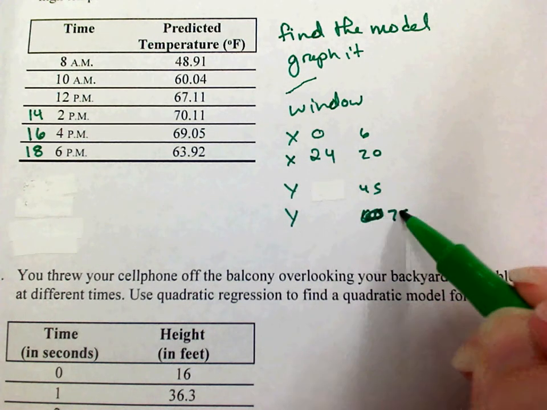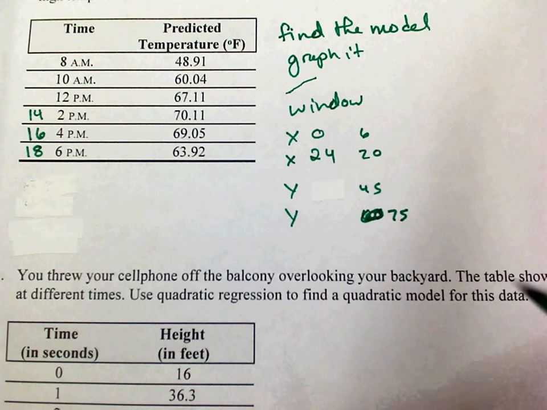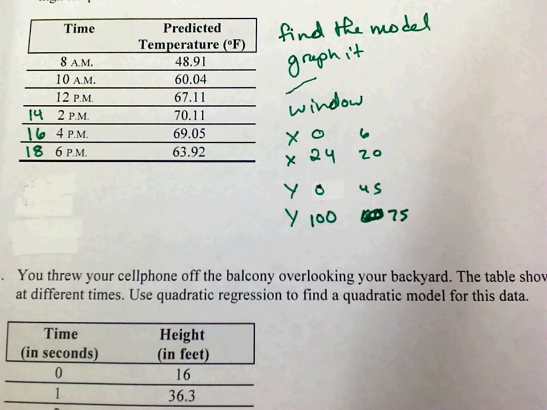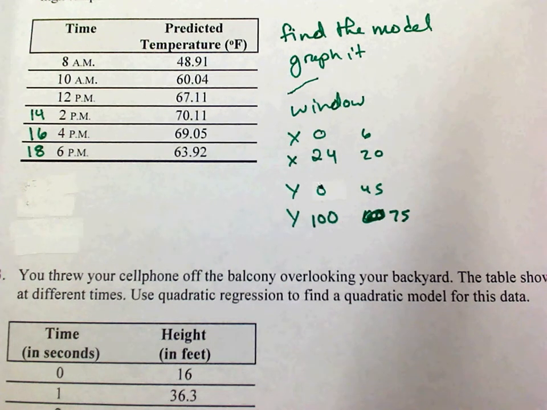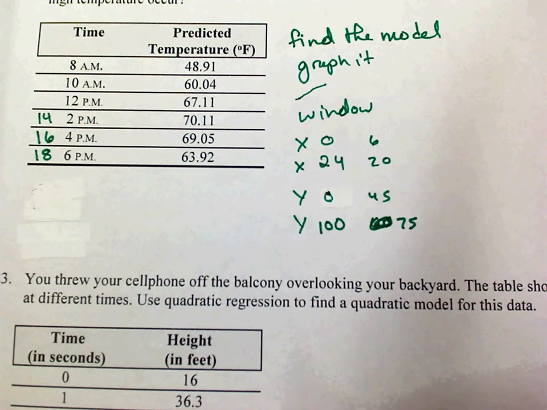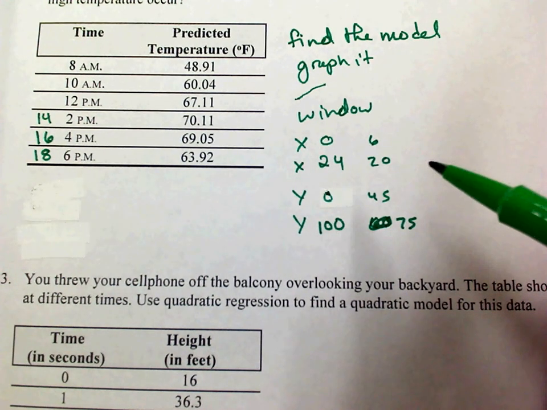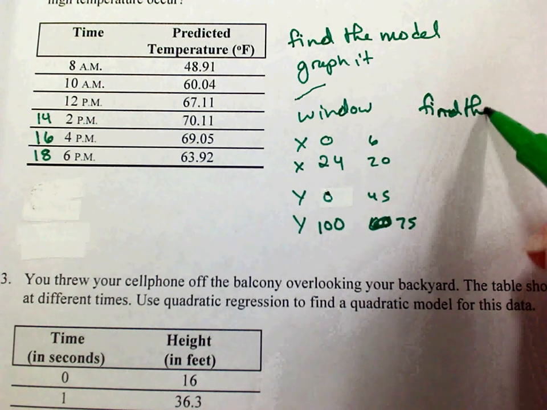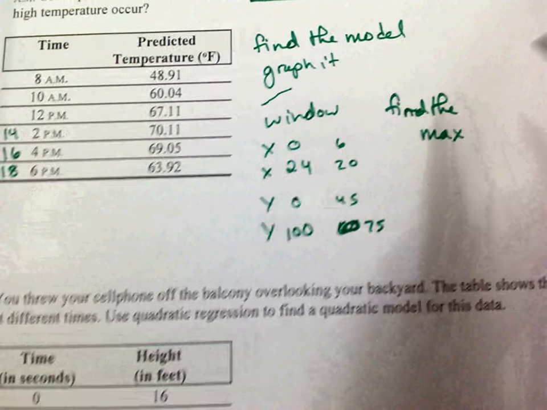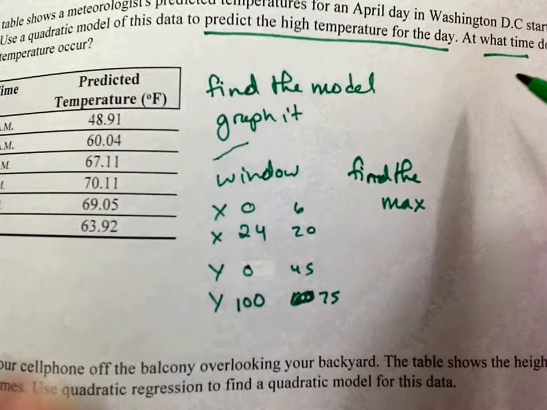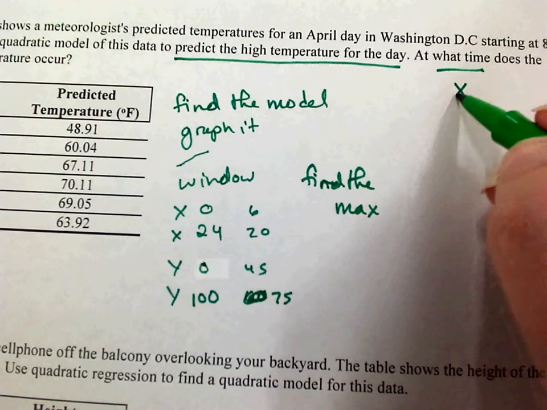So it's really, as long as you're going to see the data, as long as you're going to see the arch, it's okay. So then you would want to calculate the maximum, right? So you'd find the max. Which one would be the time, the x or the y of your max? Okay, the time would be the x value. And what would be the high temperature? The y value.